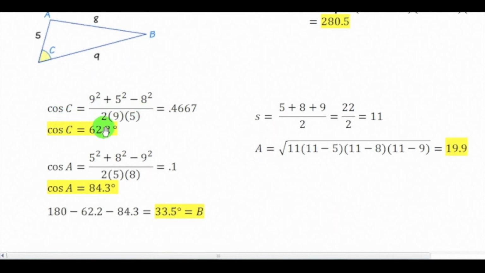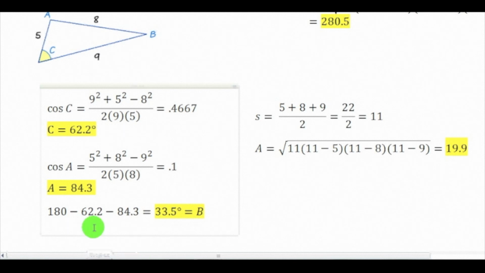So 9 squared plus 5 squared minus 8 squared, over 2 times 9 times 5. Get that value, and I take the inverse cosine of 0.4667. Oops, that should be not cos of C, but actually C. Okay, so now you can see the correct answer.